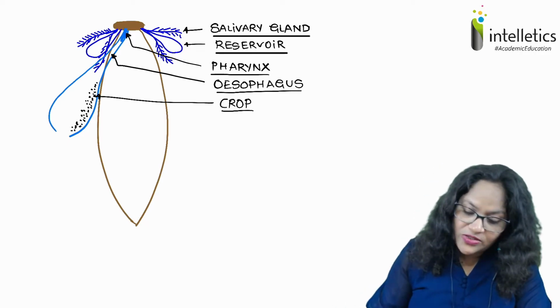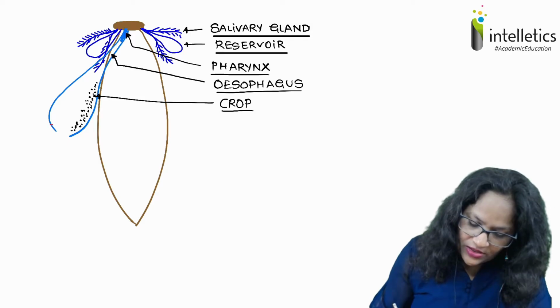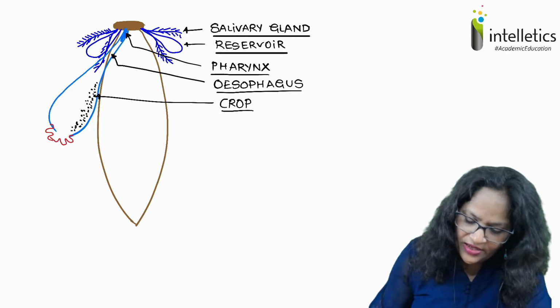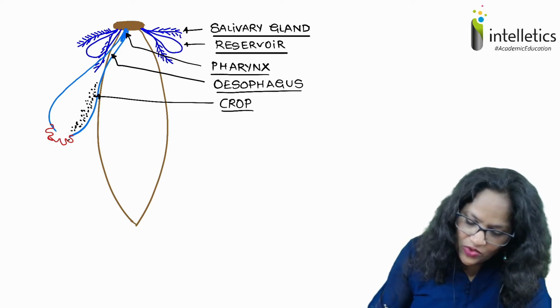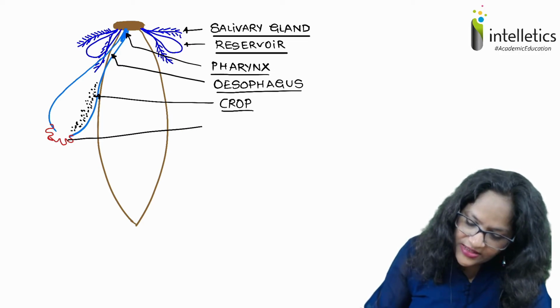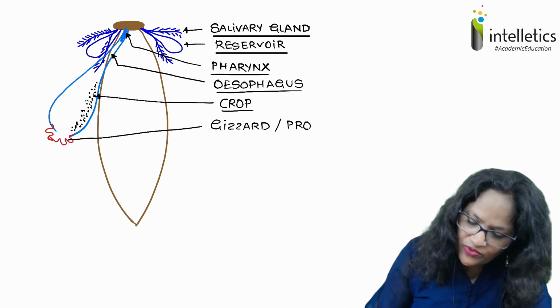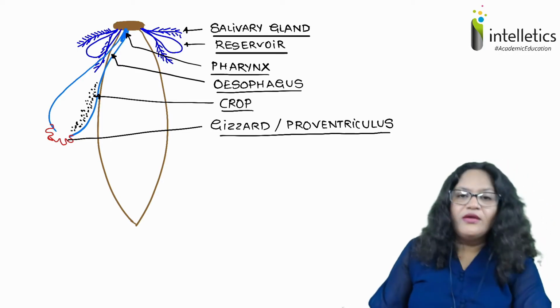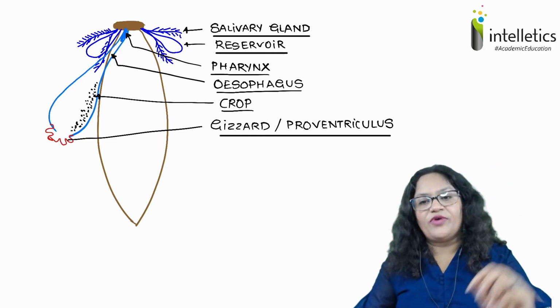And this crop continues into another area, slightly larger and a rounded area. This is called as the gizzard, which is also at times called as the proventriculus. Okay, it is also called as the proventriculus.